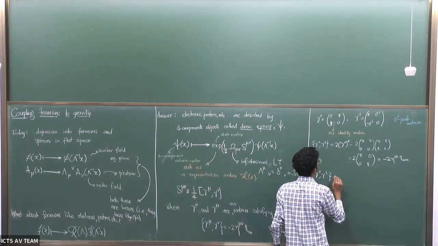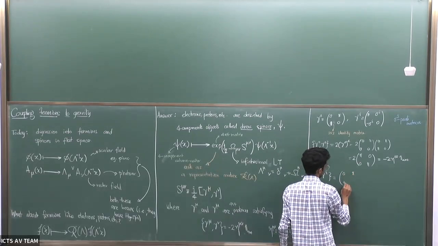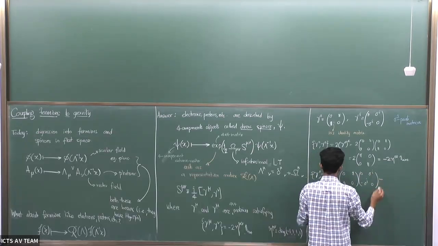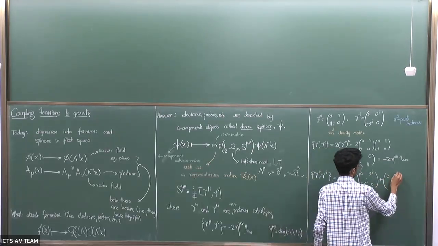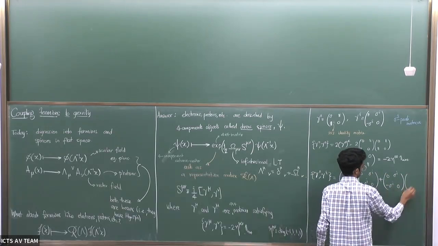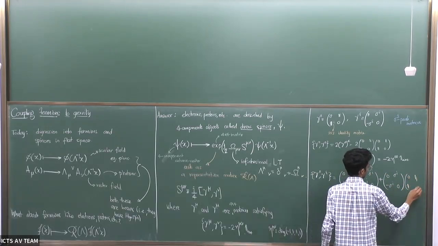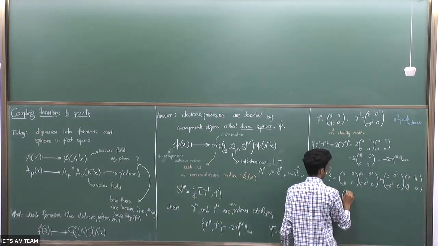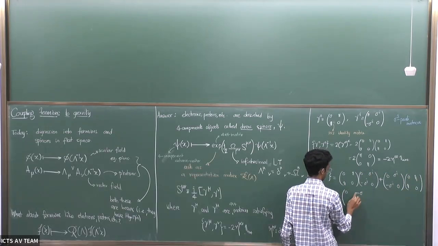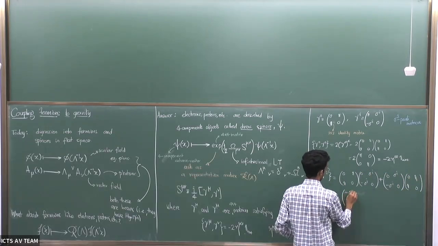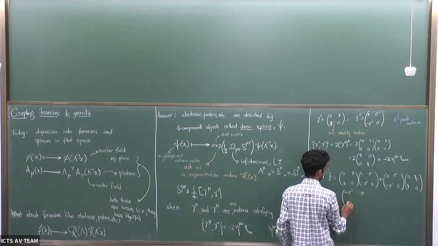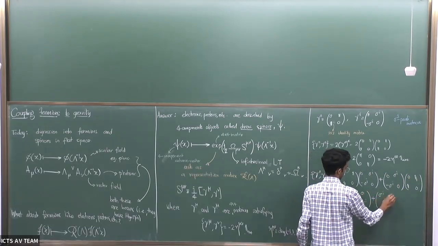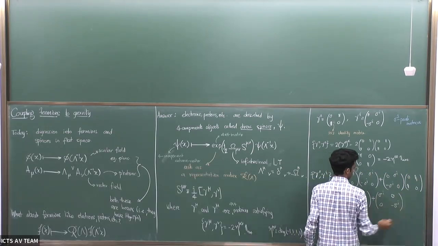So let's do this: 0 identity 0, 0 sigma I minus sigma I 0 plus, sorry, minus sigma I 0 0, which is indeed 0.